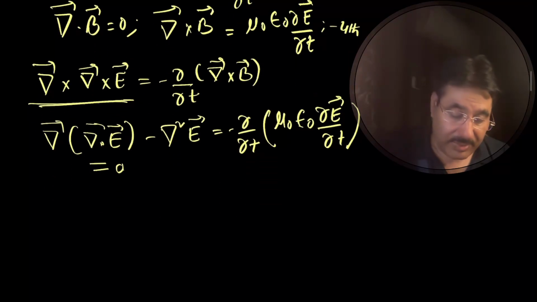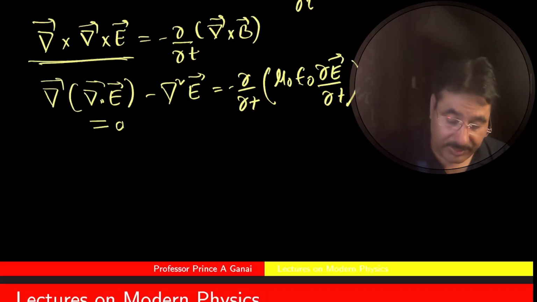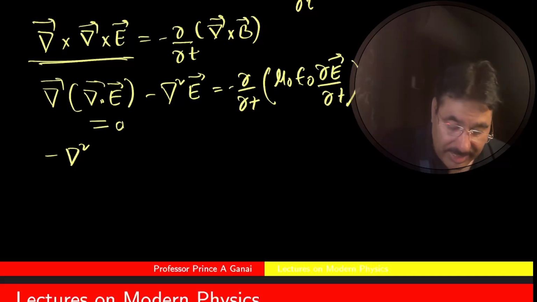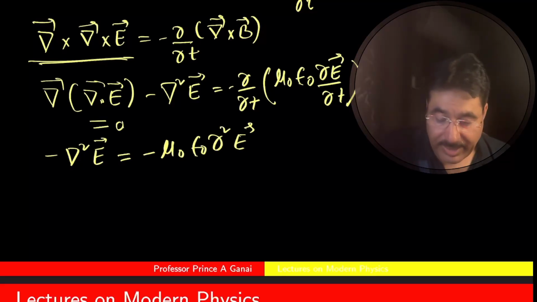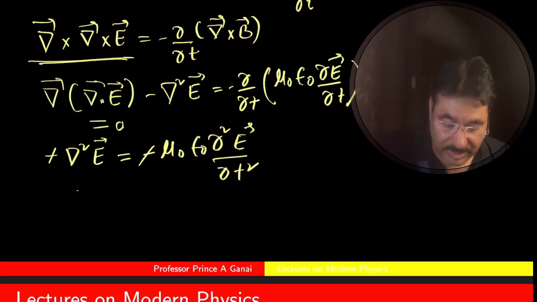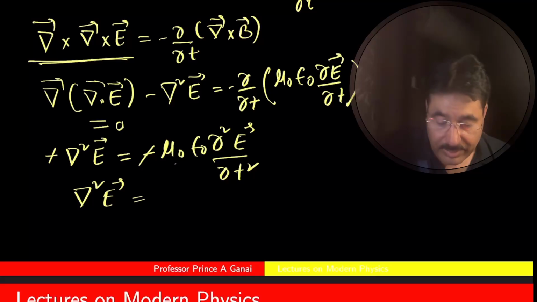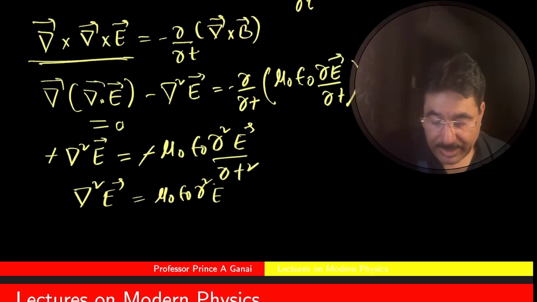So now I write down what I get: minus del square E is equal to minus mu naught epsilon naught, I take out, del 2E by del t square. This minus and this minus will cancel. So del square E equals mu naught epsilon naught del 2E by del t square.